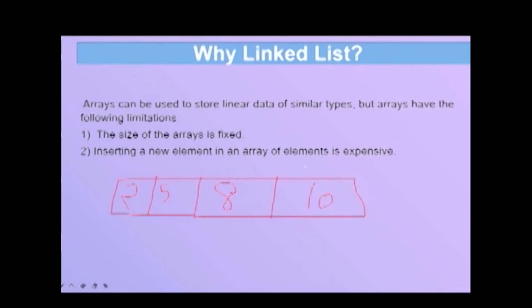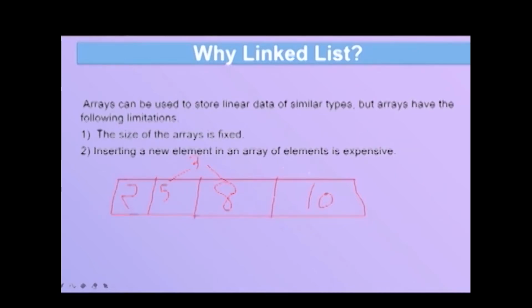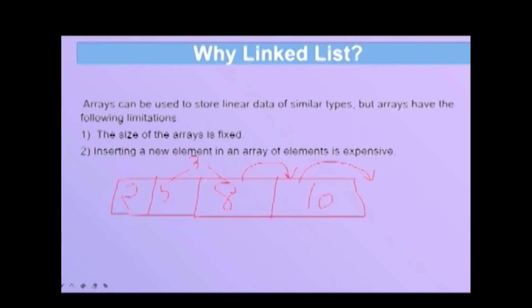If we want to insert 3 in the middle of 5 and 8, we have to shift 10 one block to the right, and again shift 8 one block to the right, and then we can insert 3 in this position.